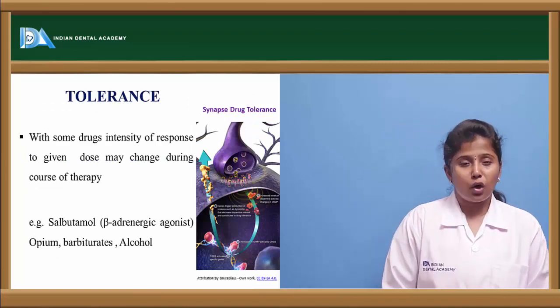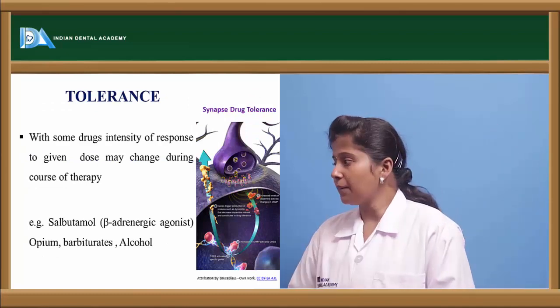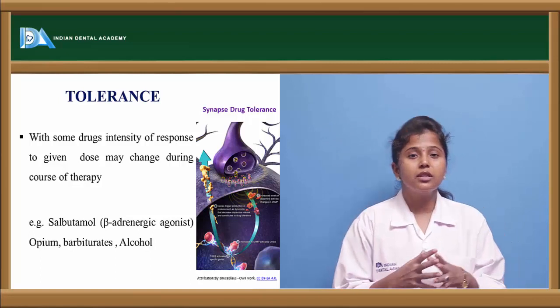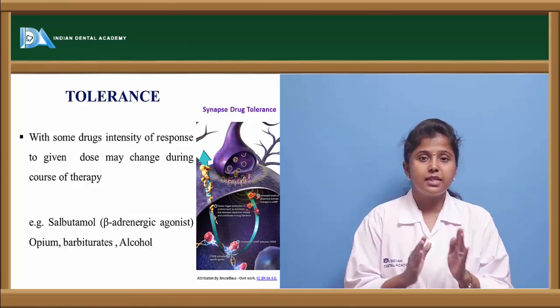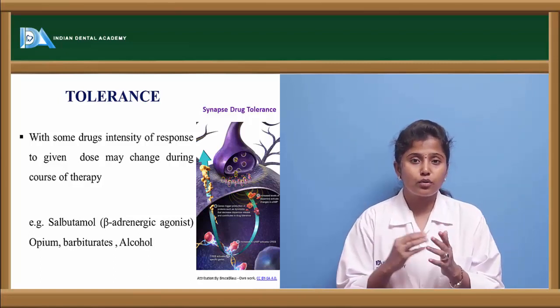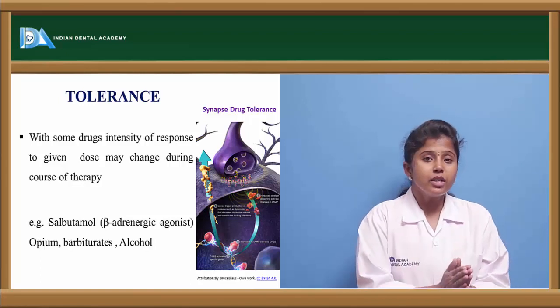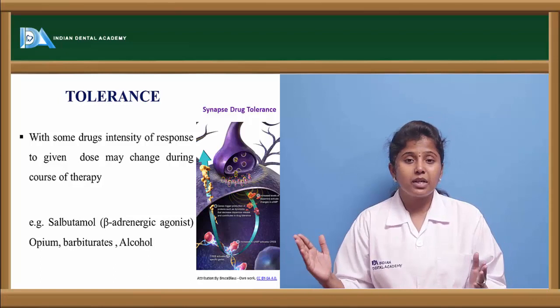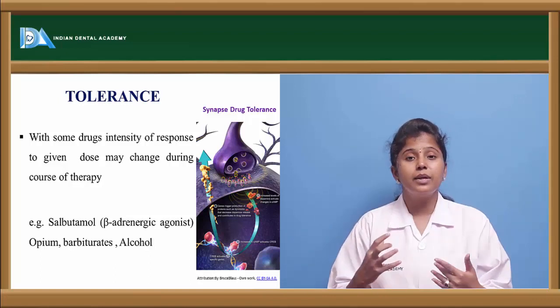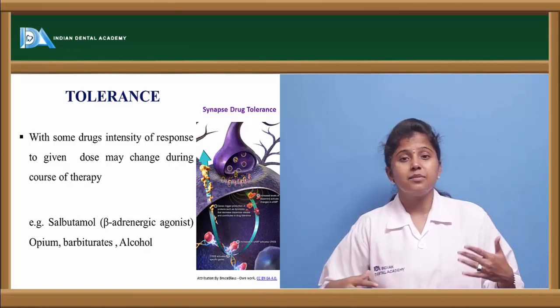The other one is tolerance. Within some drugs, the intensity of the response changes. We give some dose of a drug in a medication. If the drug is used for a chronic period of time, then the body shows tolerance. The drug will be accepted by the body.